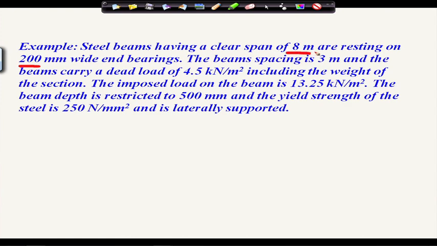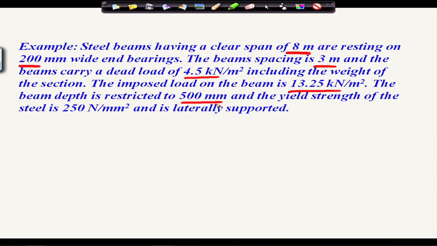The beam spacing is 3 meter and the beam carries a dead load of 4.5 kilonewton per meter square, including the weight of the section. The imposed load on the beam is 13.25 kilonewton per meter square and the beam depth is restricted to 500 mm. That means the available beam depth is less than 500 mm.